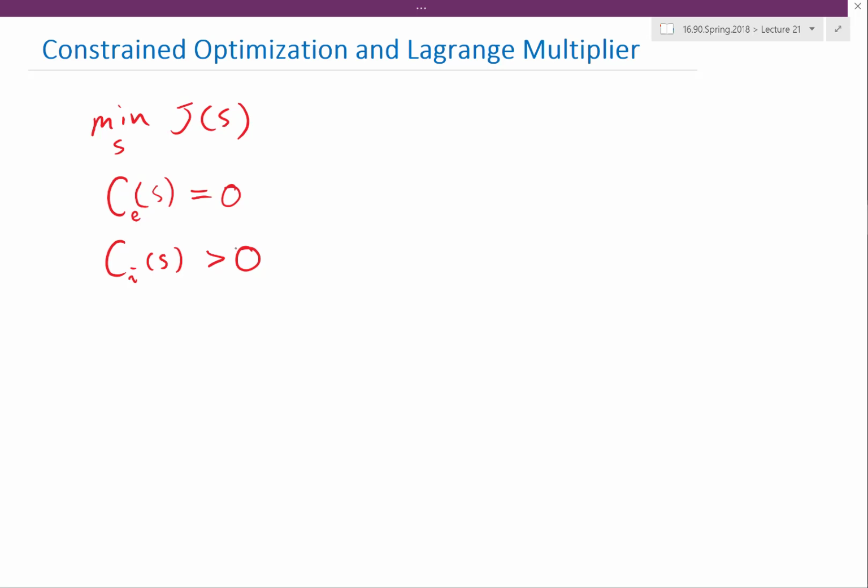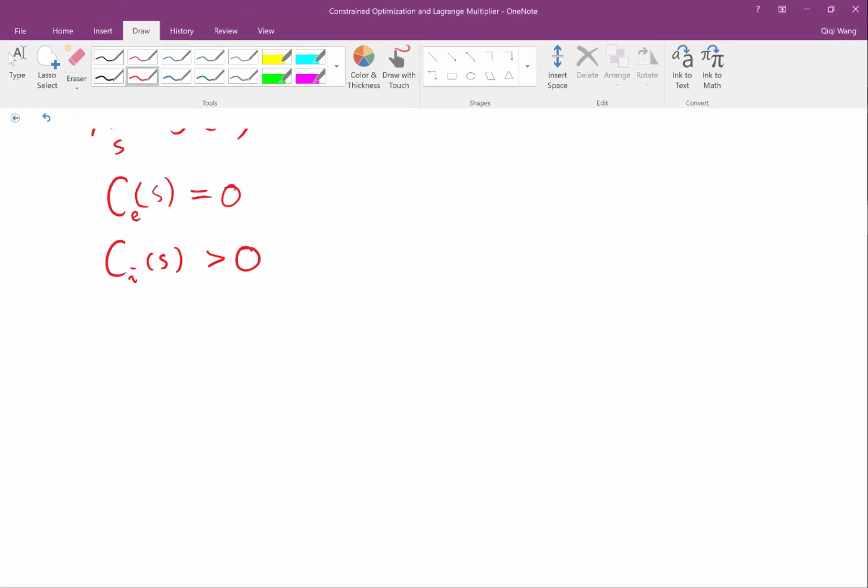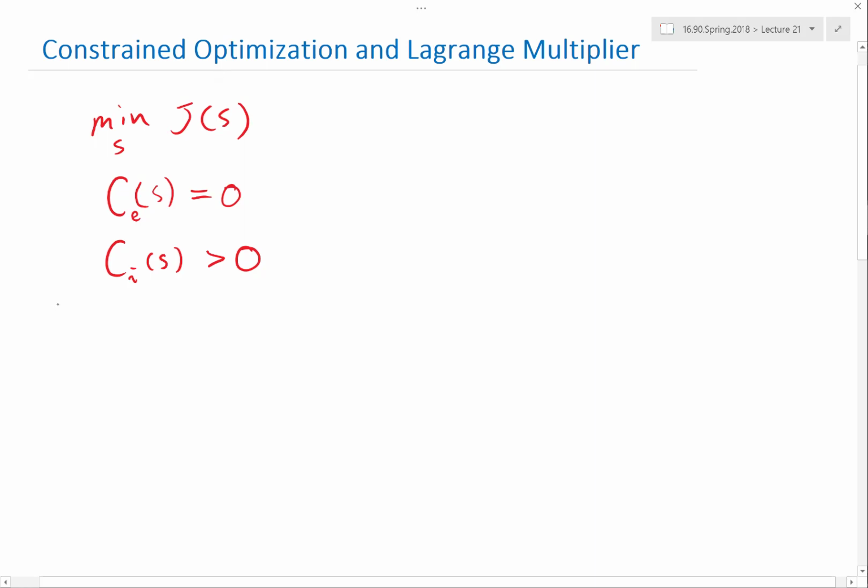So a key thing to consider, a very useful technique in constraint optimization is the concept of Lagrange multipliers. So the idea is the following. If I have a constraint optimization like this, I can construct a Lagrangian.